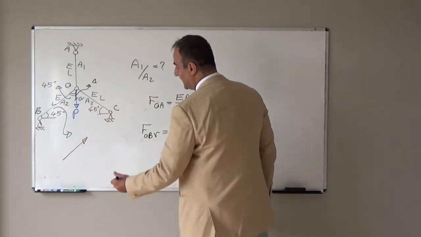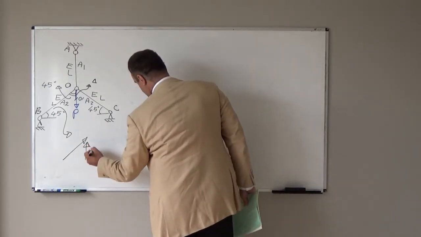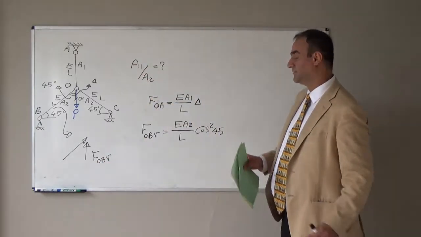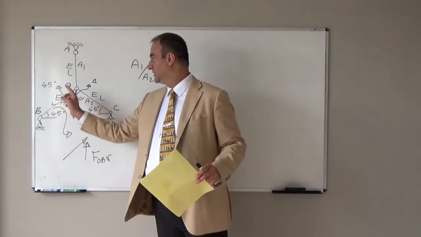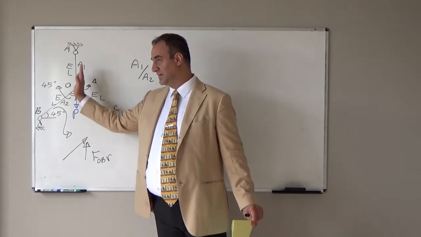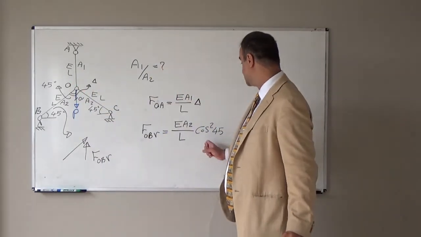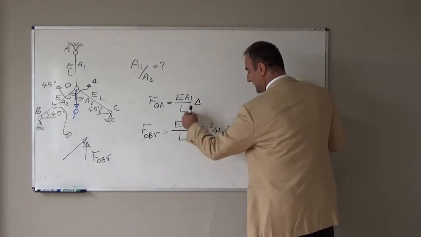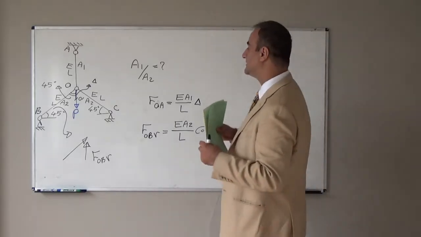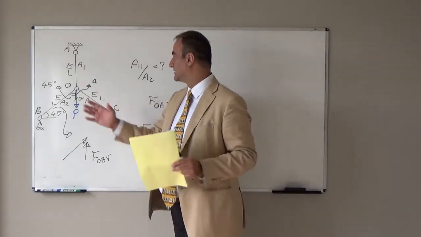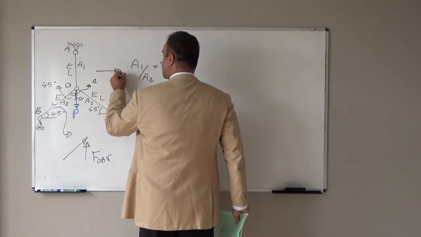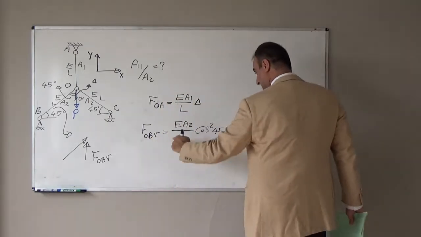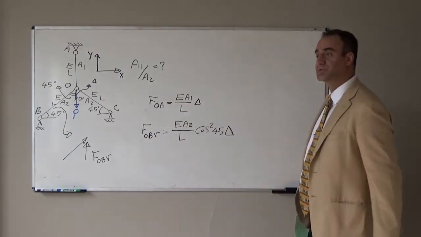Okay, we find the vertical component FOBV. The vertical component will be the stiffness of this member in the deformation direction, in the vertical direction, times the deformation. If this is x and this is y, in the y direction, it is the stiffness of that member in the y direction times the total deformation.